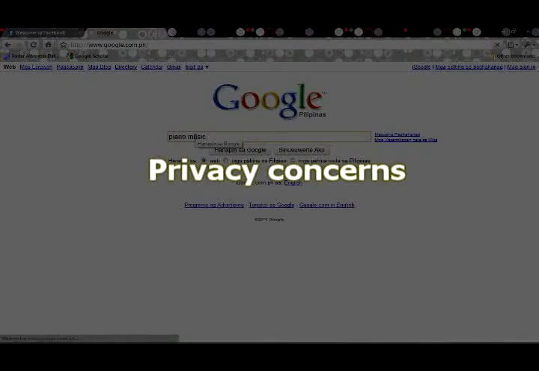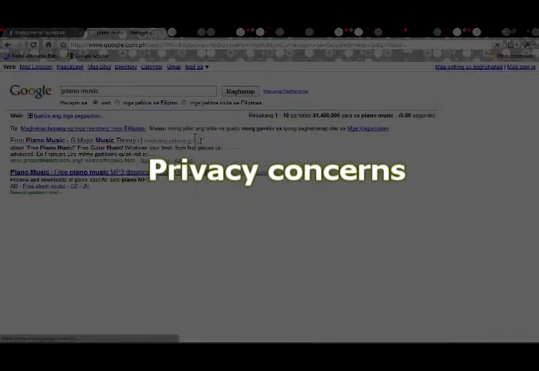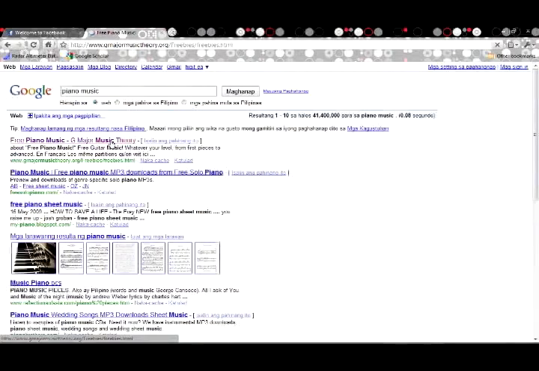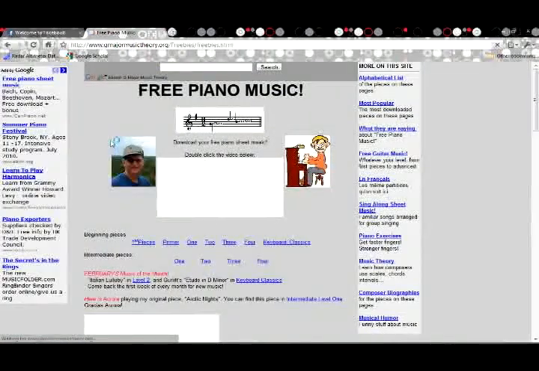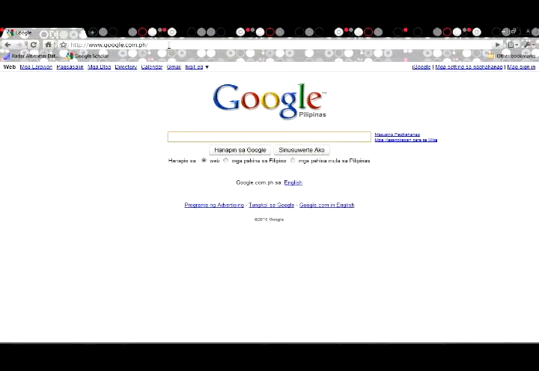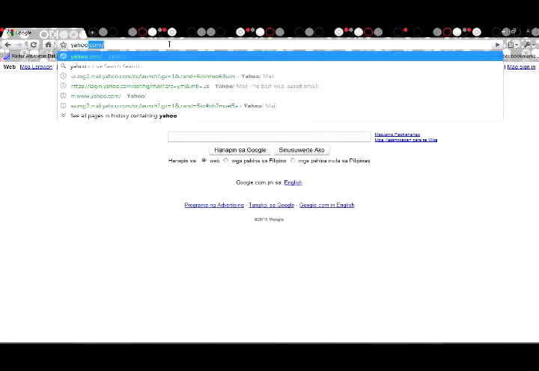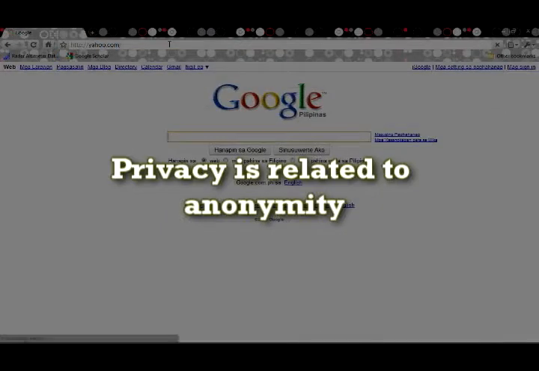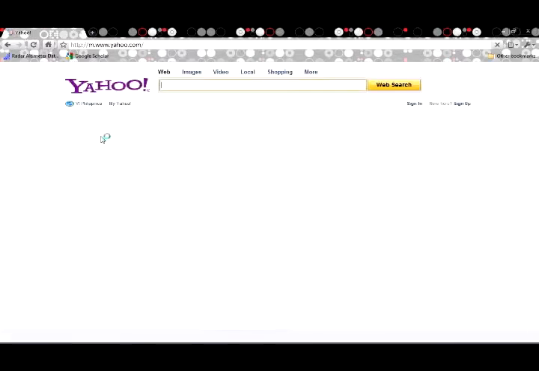Privacy is the ability of an individual or group to seclude themselves or information about themselves and thereby reveal themselves selectively. The boundaries and content of what is considered private differ among cultures and individuals, but share basic common themes. Privacy is sometimes related to anonymity, the wish to remain unnoticed or unidentified in the public realm.